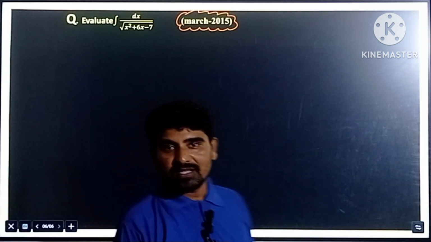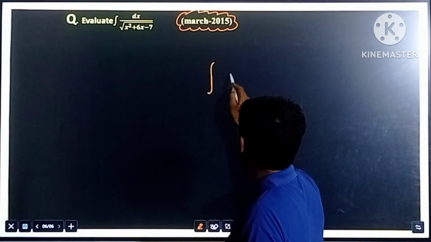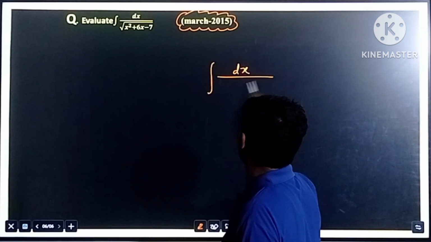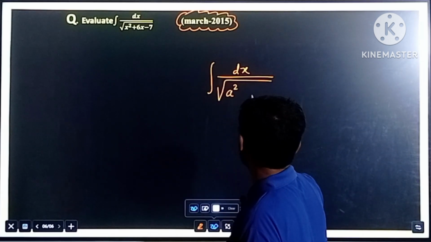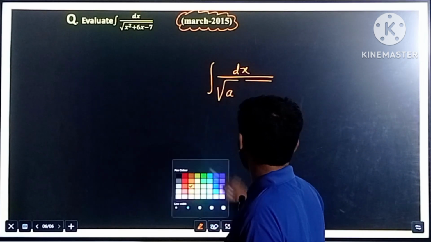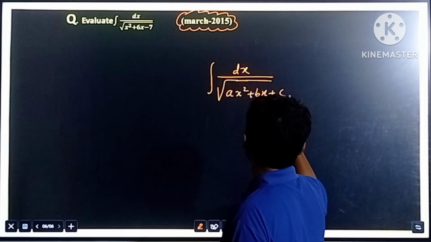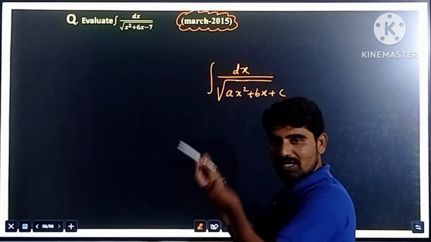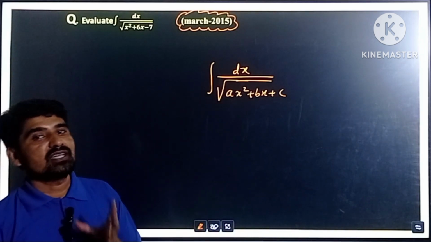Just observe here, this given integration problem is of the form integration of dx divided by square root of ax square plus bx plus c form. So first we need to convert this to the standard particular function form.